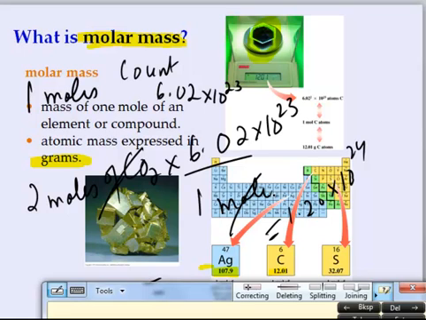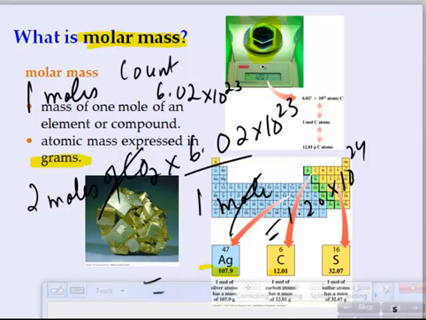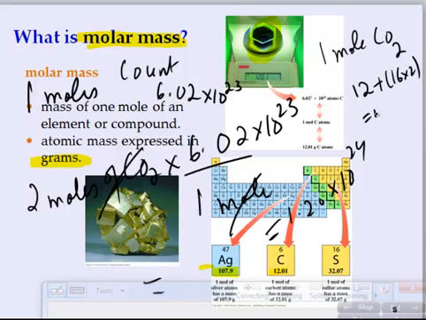Now, it's very hard for you to count this number of atoms. However, it will be very easy for you to weigh 2 moles of carbon dioxide if you knew what 1 mole of carbon dioxide weighs. So, for example, carbon has an atomic mass of 12, plus 16 times 2 for oxygen. So that is 12 plus 32, which is 44.